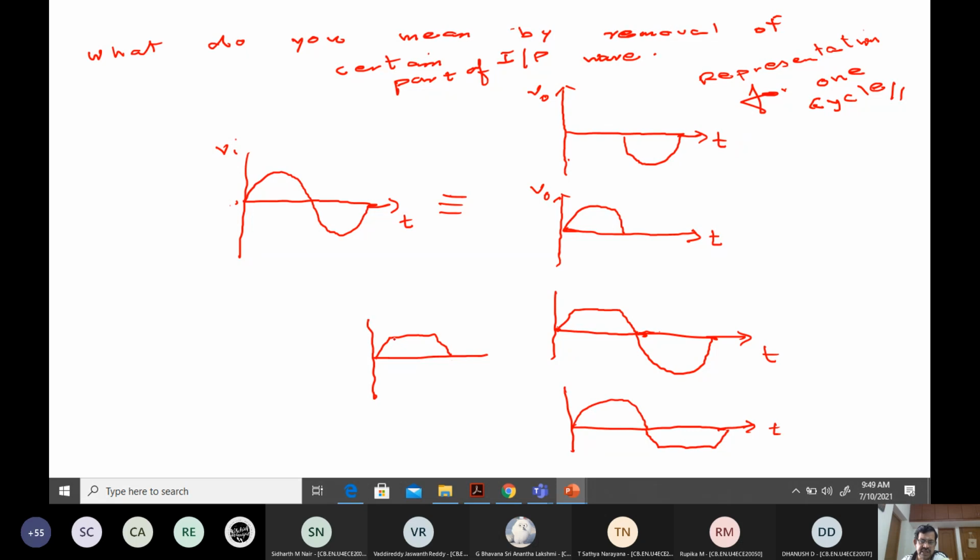The input is sinusoidal, but you see here that a selected portion, the upper portion, has been removed. Here the complete negative is removed. Here complete positive is removed. Here part of the upper portion is removed. The rest follows the input signal. Here part of the negative is removed. So this is also one possibility.